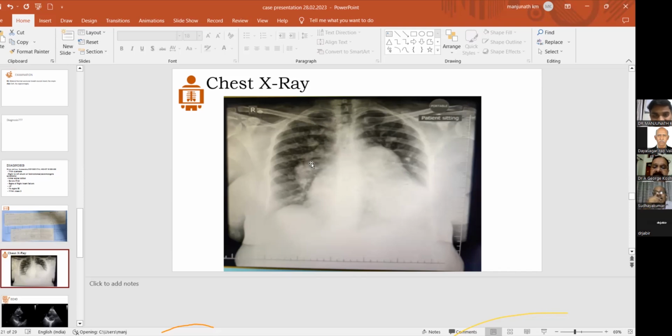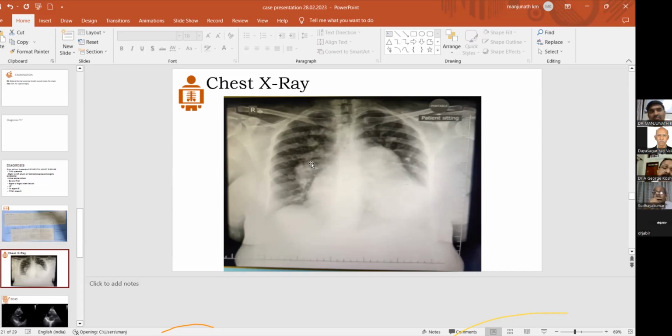Okay, we'll go to the next. Suppose there is a left atrial enlargement in this patient, what should you suspect? I would suspect associated mitral valve disease, like mitral stenosis or mitral regurgitation. But do you expect a huge left atrial enlargement in a patient with associated ASD?